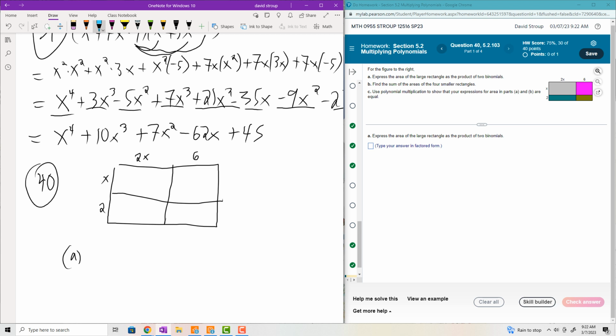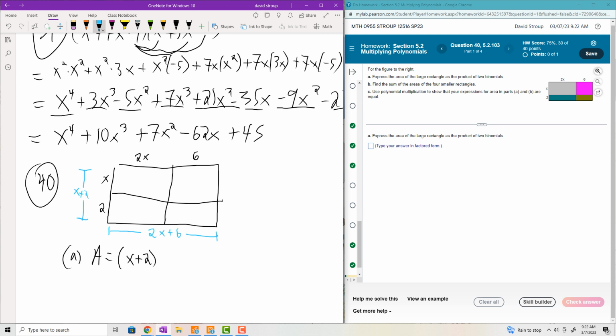So the overall length of this side is just the x and then plus the 2. So that's one binomial. So the area is equal to the length times the width, and then the width is going to just be the 2x plus 6.